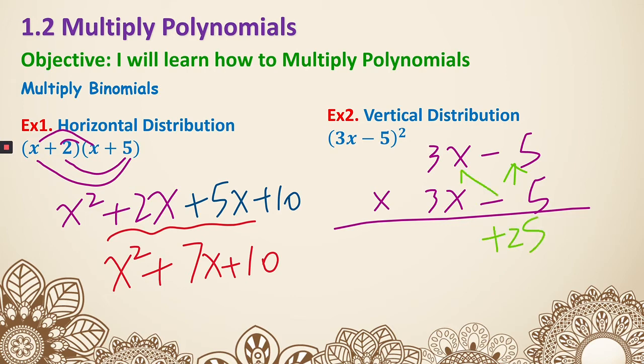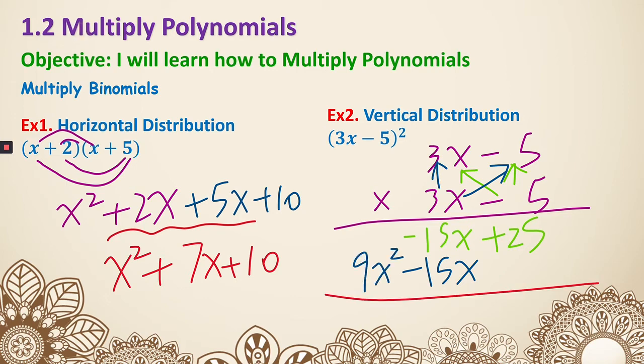Then the negative 5 goes with the 3x, that gives us a minus 15x. And we have this 3x with the negative 5, that's another negative 15x. Then we have the 3x with the 3x, that is 9x squared. Lastly, we just need to combine them. 9x squared minus 15, that's negative 30x, and plus 25 on the end.